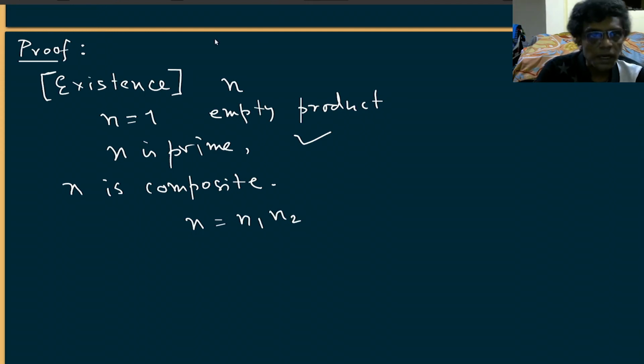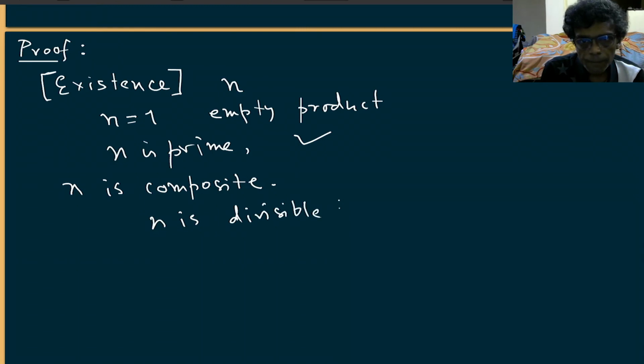We have proved some other thing: any composite integer is divisible by a prime. I have proved it a little earlier. So, n is divisible by some prime p.